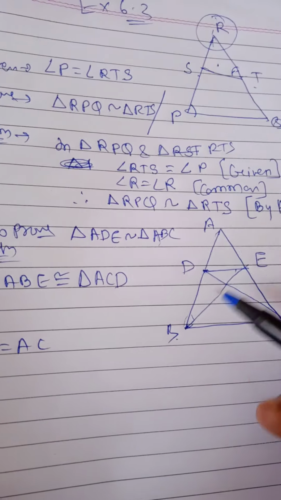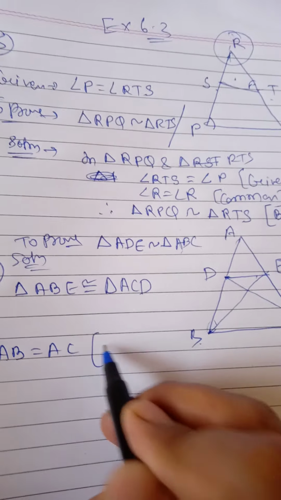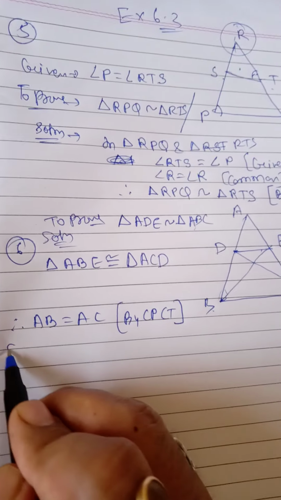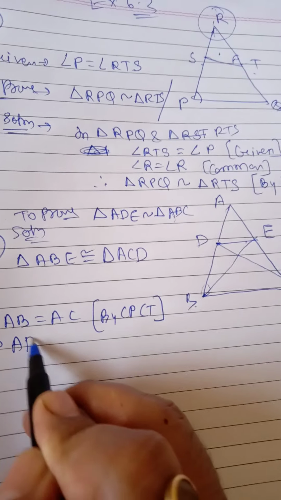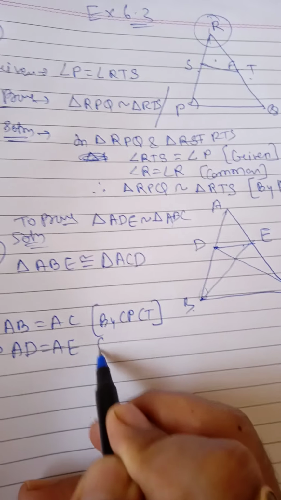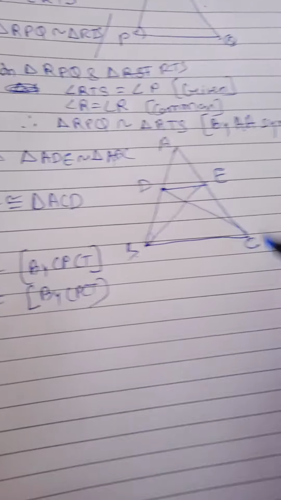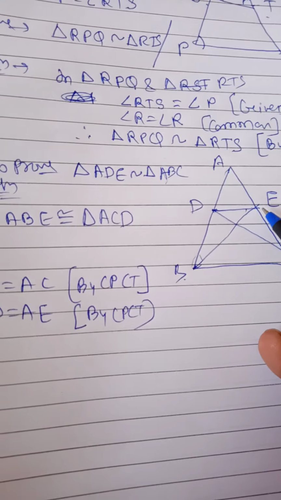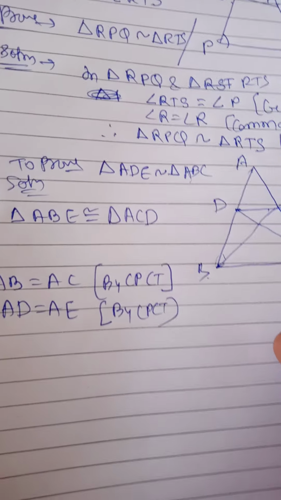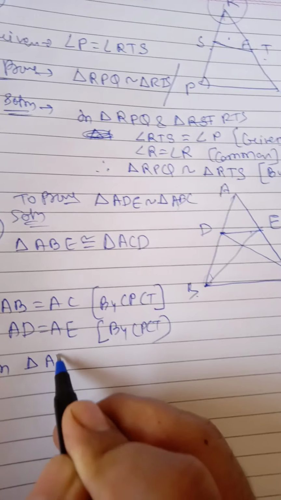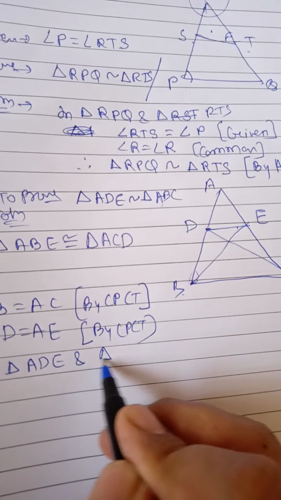I can write it by CPCT, corresponding parts of congruent triangles. And I will write also AD is equal to AE. It is also by CPCT. If AB and AC are equal, AD and AE are also equal. Clear? So now I am going to select triangle ADE and triangle ABC.